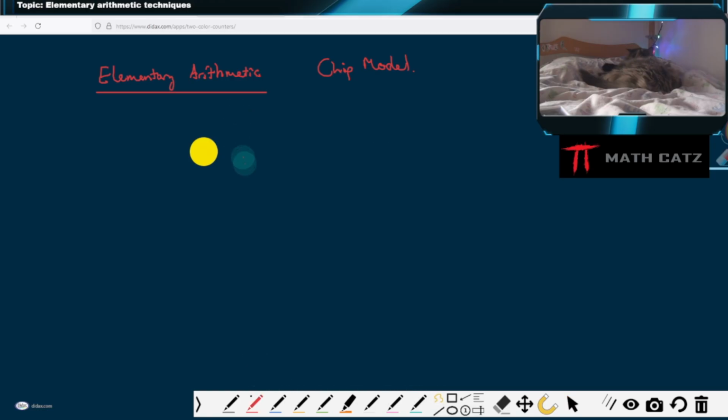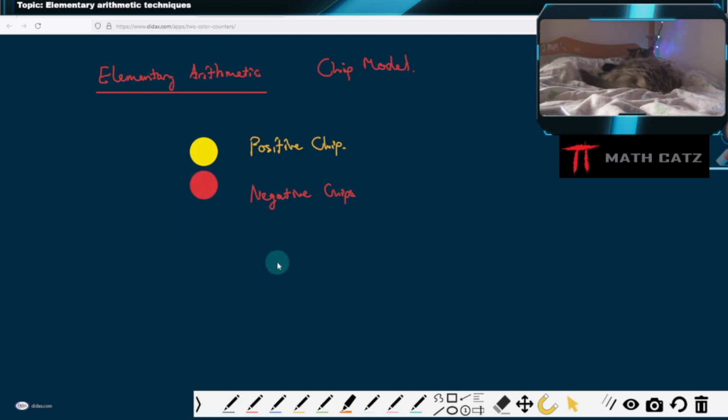Yellow will be a positive chip and will count positive integers. And then we also need to count negative integers. And this will be done with a different colored chip. Let's use a red one.